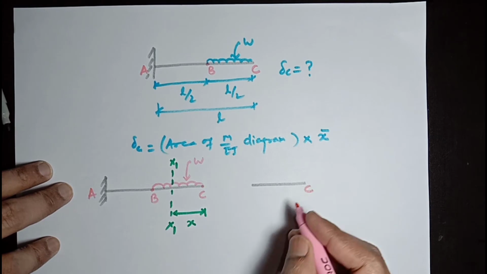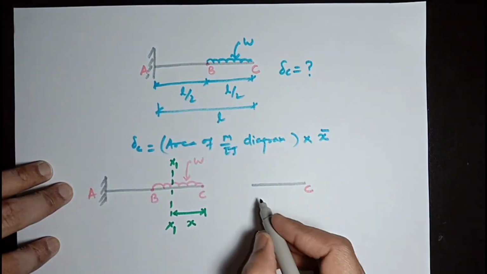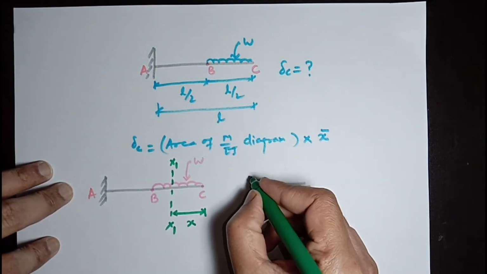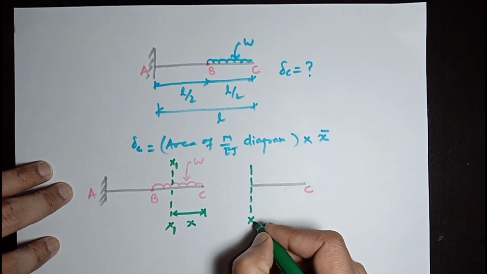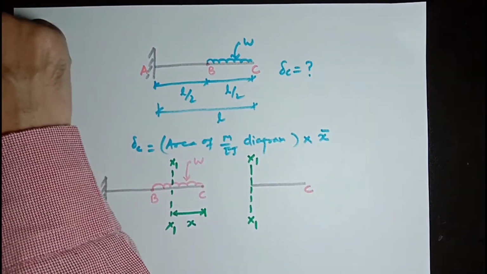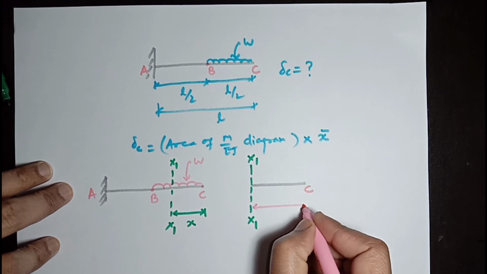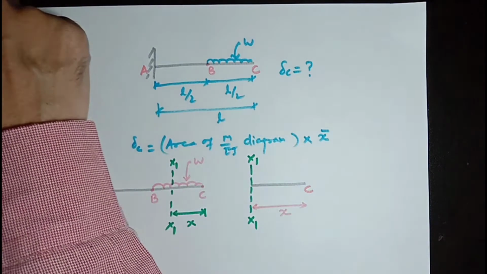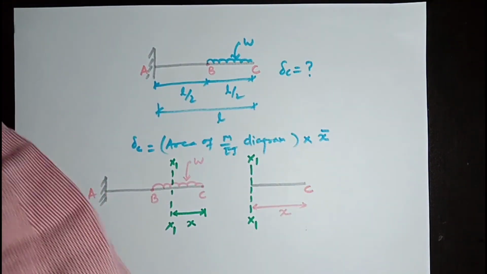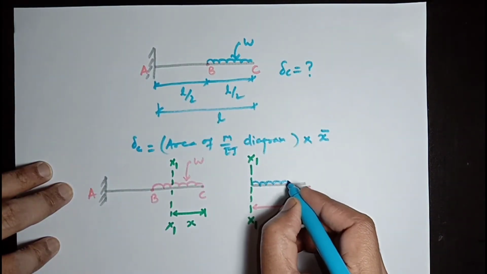This point is C, and here we have taken section x1, and this distance is x. This is loaded with UDL value of W.